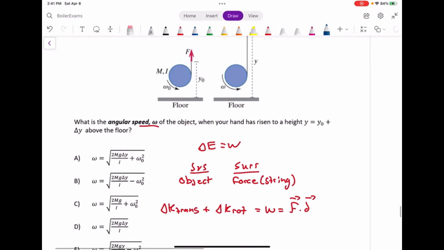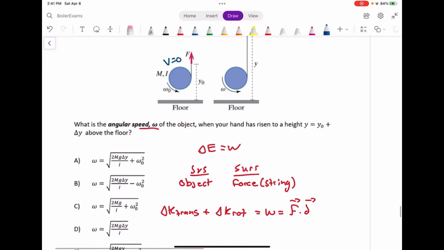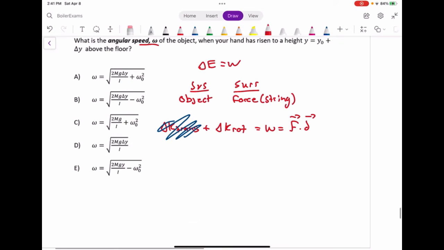Now, we know that initially you have velocity 0, and finally it's also 0. So delta k trans is just 0. And we know that k rotational is equal to half I omega squared. So let's set that up. Half I omega final squared.